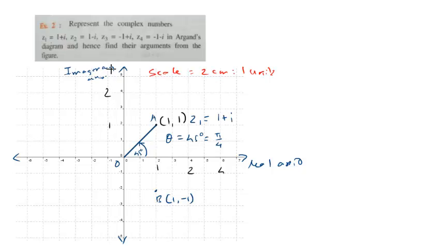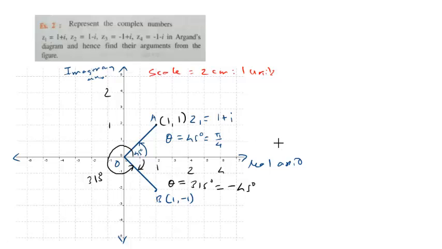Now if I join it with a line segment, its coordinate is 1 comma minus 1. Now the angle made by this OB can be determined in two ways. If I consider from the positive x-axis in the anti-clockwise direction, the argument here will be equal to 360 minus 45 degree.